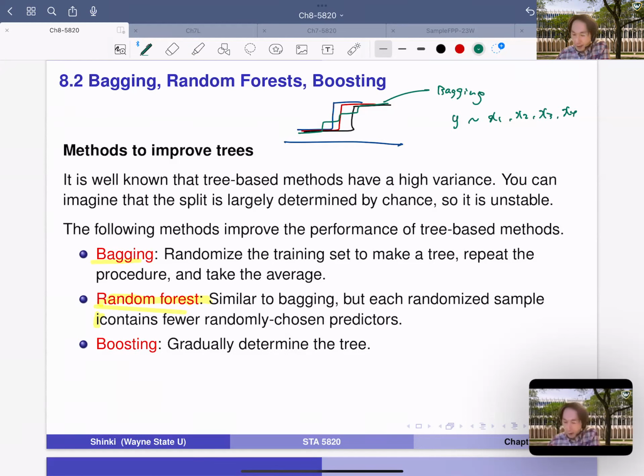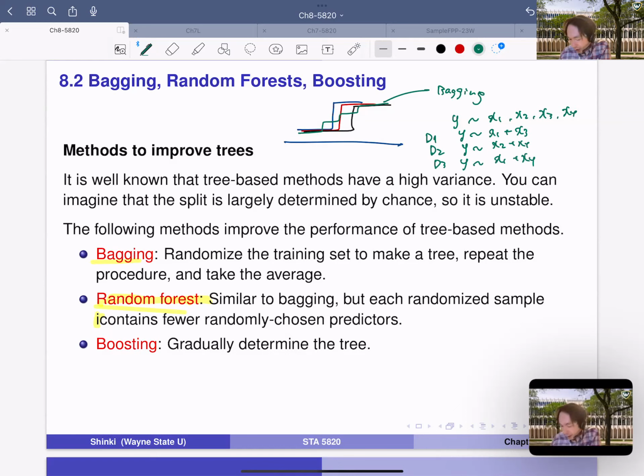But for the random forest, Y on X1, X2, X3, X4, we also sample these predictors. So for the randomized data set D1, we only fit Y on X1 and X3. For data set D2, we fit Y on only X2 and X4. For D3, we fit Y on just X1 and X4.